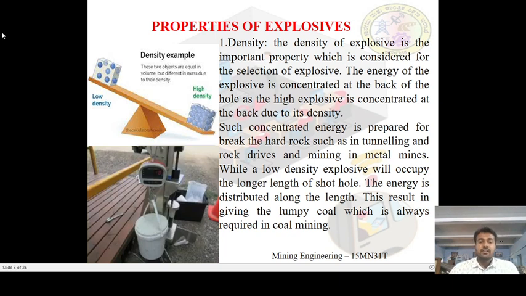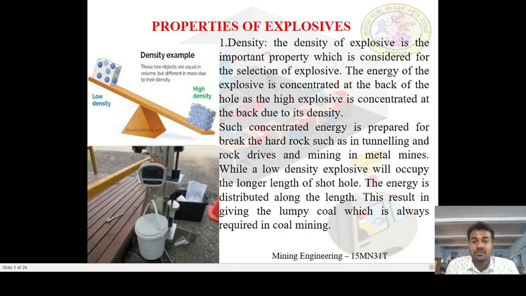The density of an explosive is a very important property of an explosive. The reason is, first, if the density of explosive is less than 1, then such explosive could not be used in a blast hole which has water in it, or we could say the explosive with specific gravity less than 1 will float on the water, right?